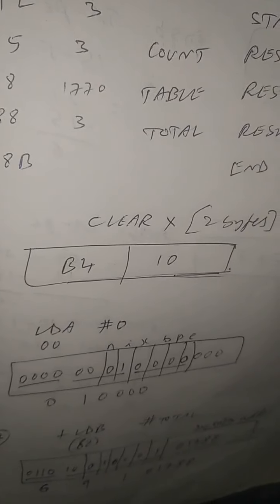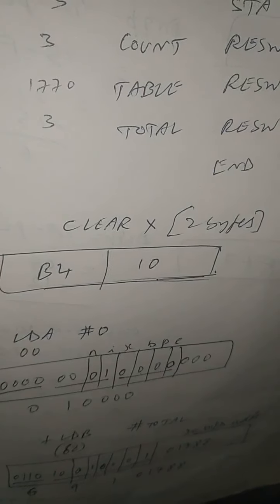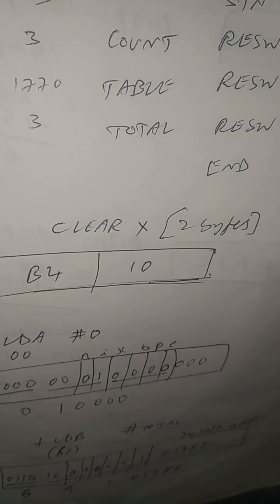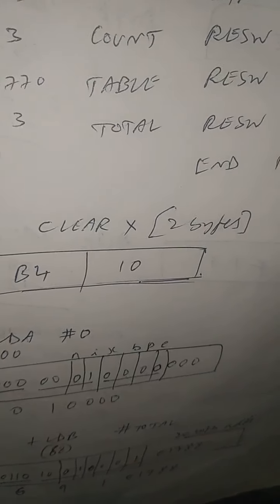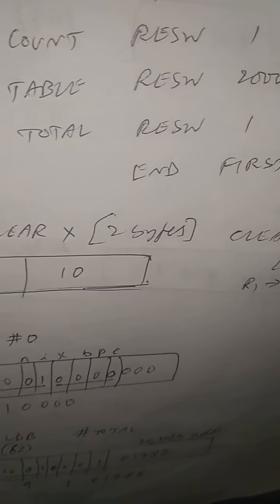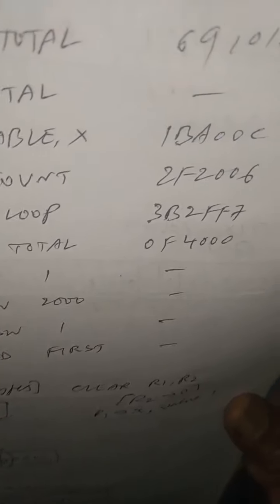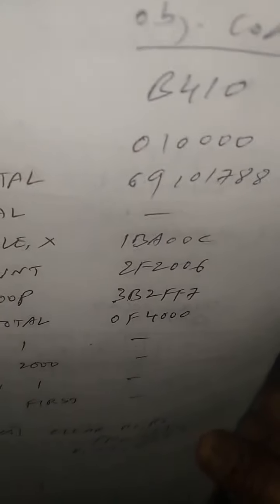It is a 2 byte instruction: B4 is the opcode for CLEAR, and the remaining 8 bits are given by the registers. X has 1 and R2 has 0. So it becomes B410.